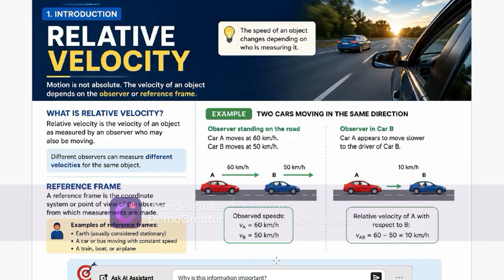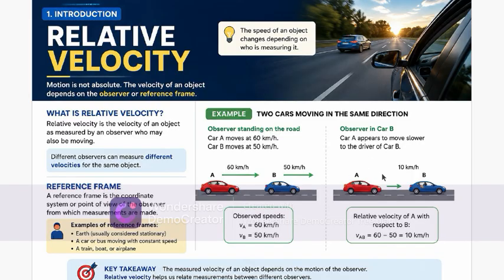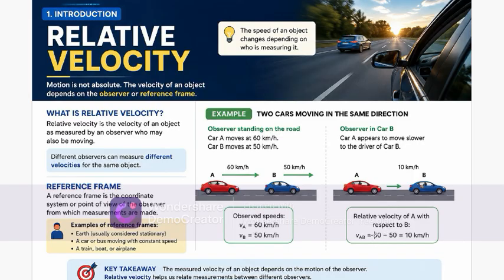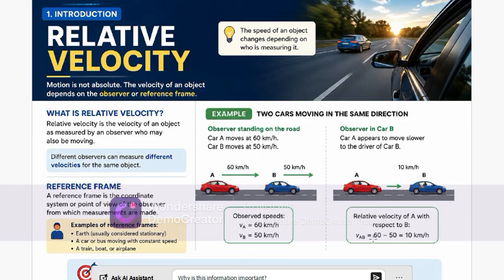Now, what's the relative velocity of A with respect to B? The way we write these relative velocities, we start with the relative velocity of A, VA with respect to B. That's where we put B. For this one, VAB is equal to VA minus VB.